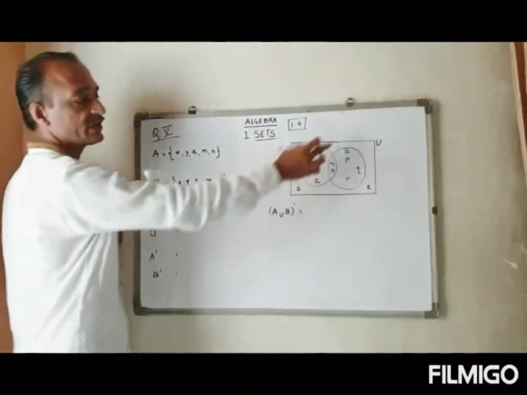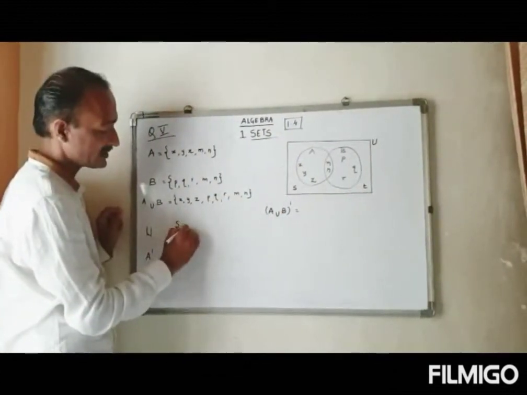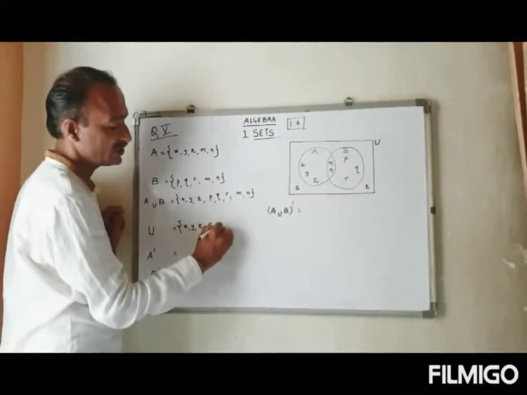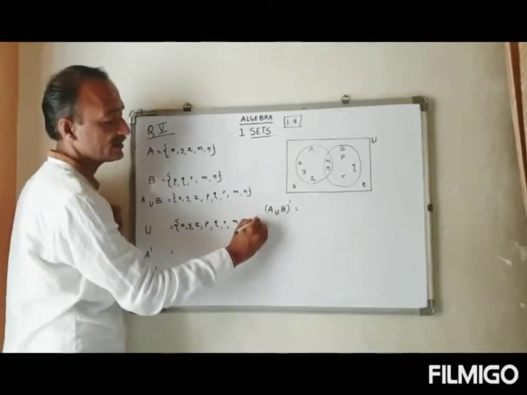Now universal means which contains all, including S and T. So it is X, Y, Z, P, Q, R, M, N, S, T.